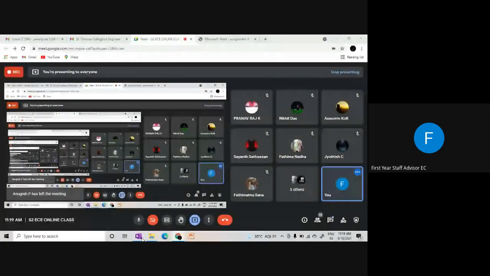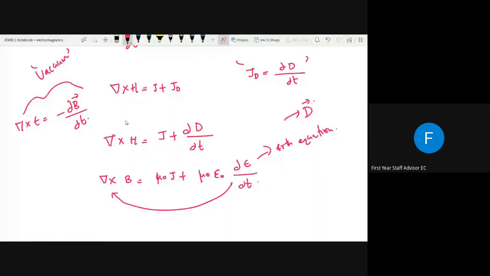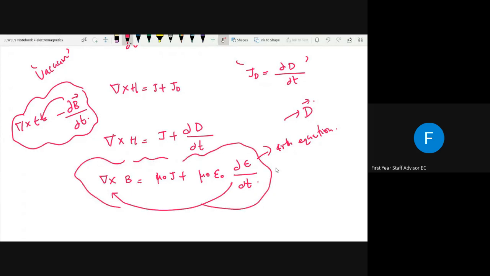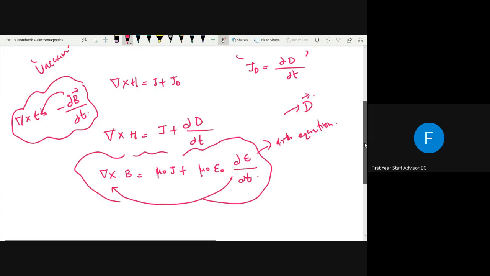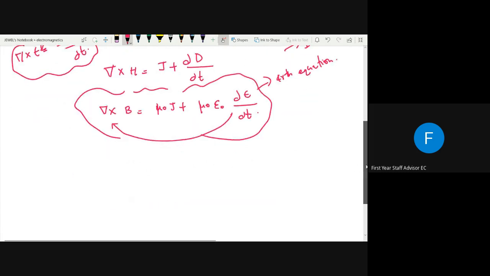Okay, so from Maxwell's third equation, we already know that a time varying magnetic field can induce an electric field. And now from Maxwell's fourth equation, we know that a time varying electric field can induce a magnetic field. So it explains how electromagnetic waves propagate along space, or how electromagnetic waves are produced.